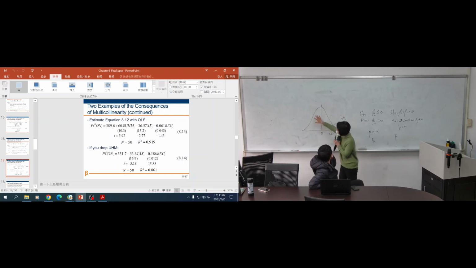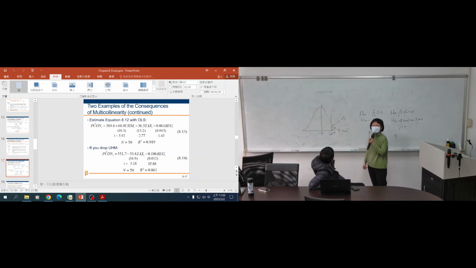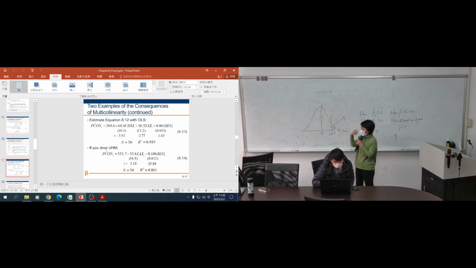So the whole area of this one means the p-value is much greater than alpha. So not significant. Understand what I'm saying here? Always look at the diagram.